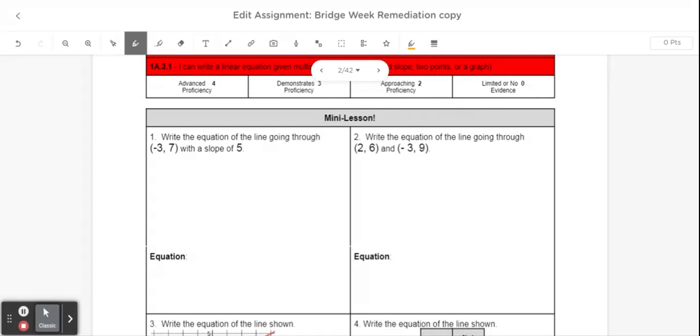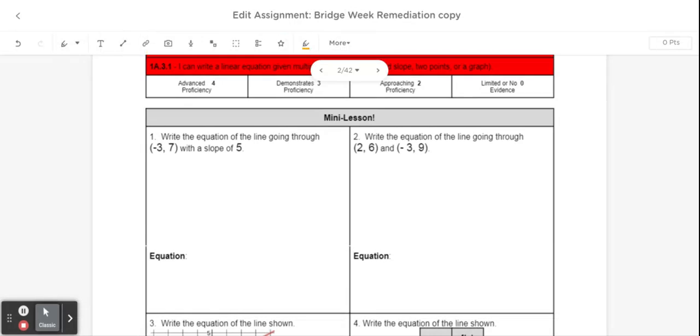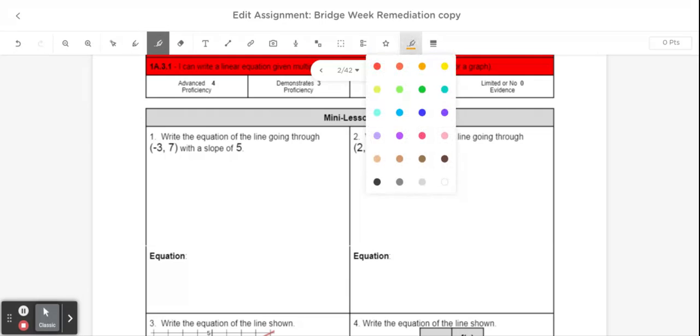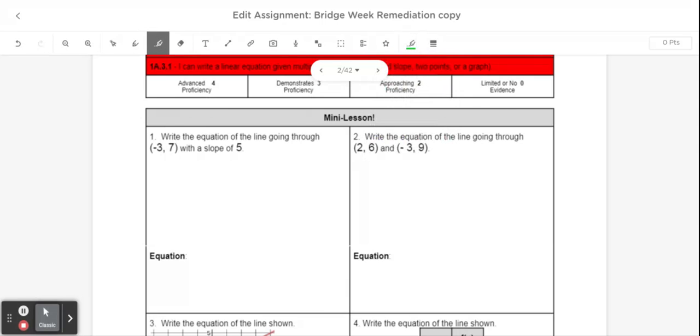In problem number 1, there are two important pieces of given information. The first is that we are writing the equation of a line that goes through the point -3, 7. And the second is that the slope of this line is 5. Before you do anything else, make a little organizer so that you can see all your information in one spot.